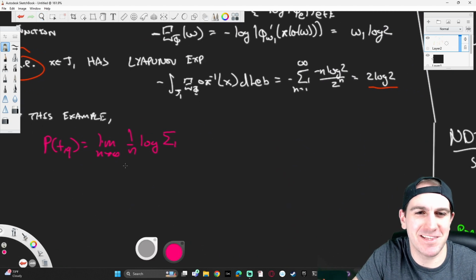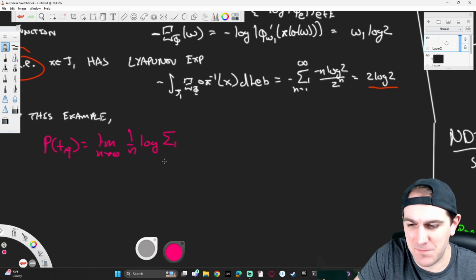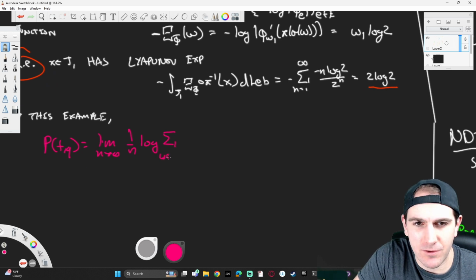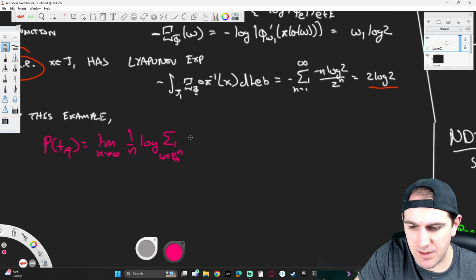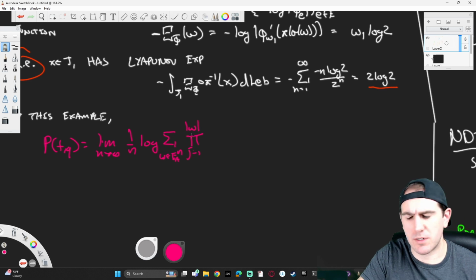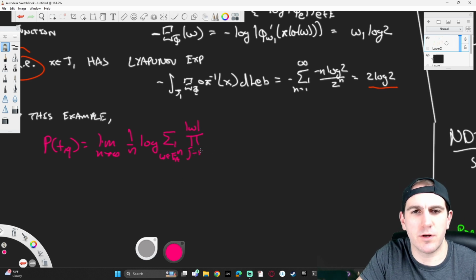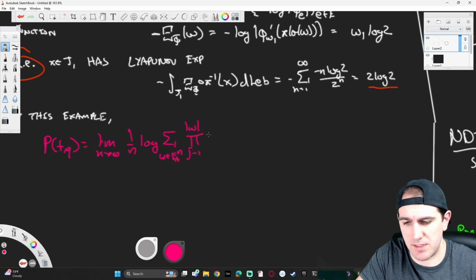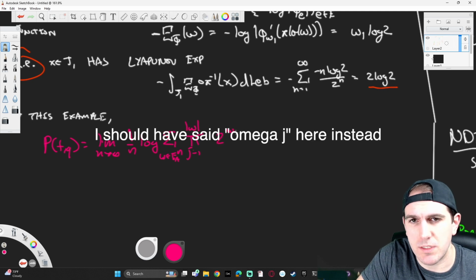So the pressure in this example is going to be 1 over n log of the sum over omega in N^n of the product, j equal to 1 to the length of the word omega, so this is just n in disguise, of 2 to the omega_1 times q minus t.